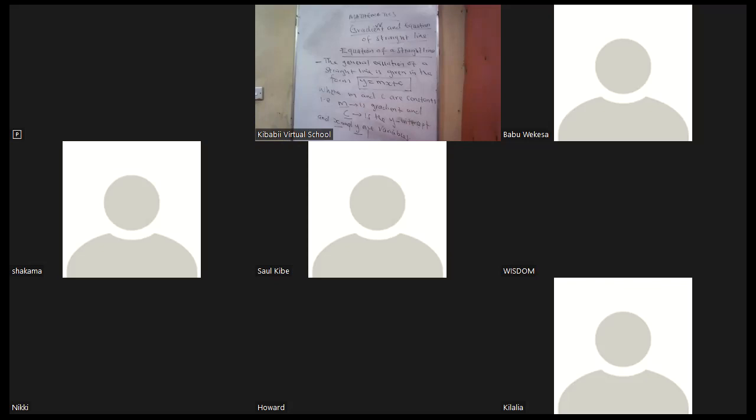The equation of a straight line is given in the form y equals mx plus c. This is just the general equation of a straight line, just like the area of a circle is pi r squared. So no need of cramming this one. When you look at the equations, you'll get to understand it.